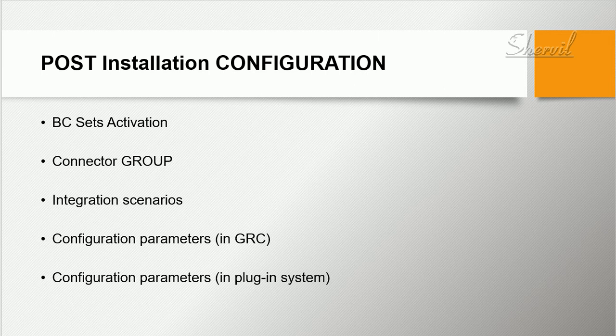We will see what those parameters are. But those parameters have to be maintained in the GRC system as well as the plugin system, and only in that case. Otherwise, there are no specific configuration parameters that you need to maintain in the plugin systems.